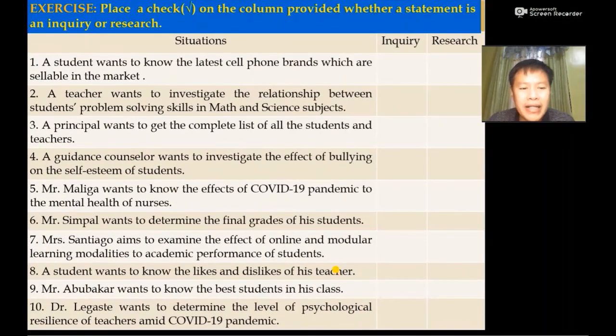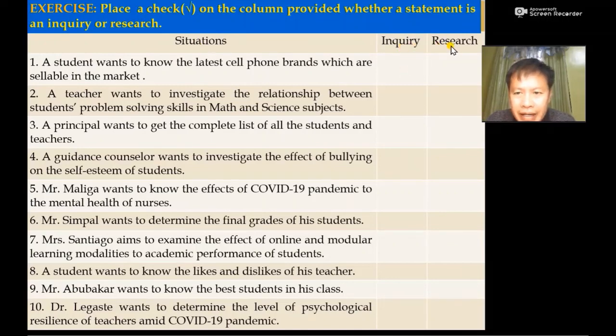Before we are going to end our video presentation, this is the assignment as promised. You are going to check whether it is an inquiry or a research. So this is your assignment. There are 10 items. You are going to write the instruction and of course write the situations.